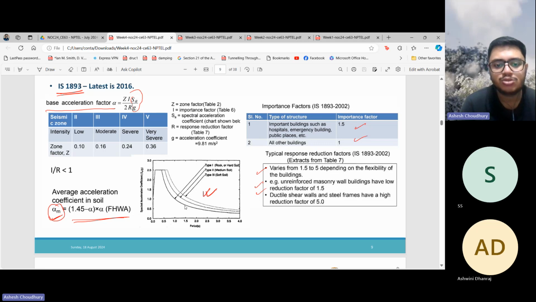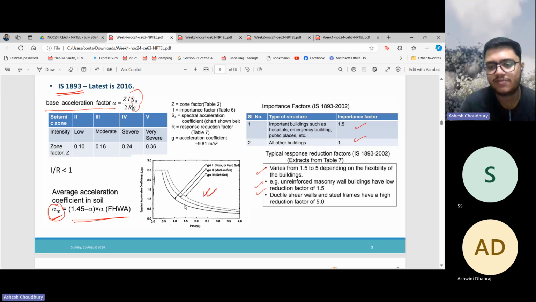Why is that? When the seismic waves travel from the base rock to the surface, while traveling they pass through some soft soil, and there is some soft soil amplification, because there is a change in the velocity of the shear waves.